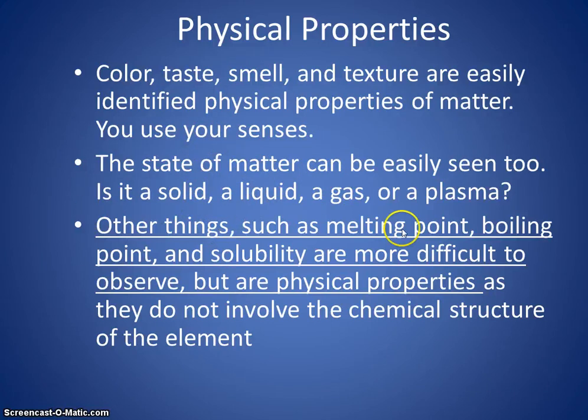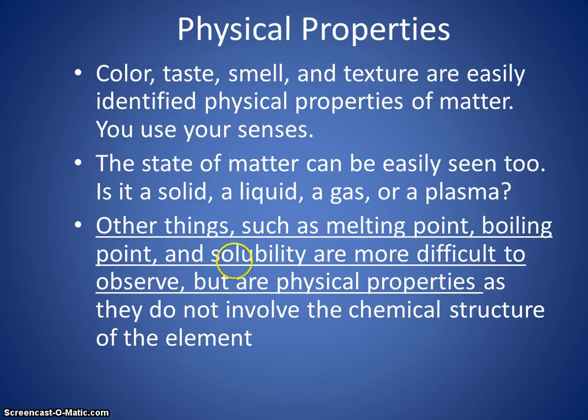Okay, other things such as the melting point. Remember, melting involves a change in state, still only a physical property because the chemical composition of that item is still the same. Boiling point also involves a change in state. Solubility, so how easily does it dissolve into other substances?